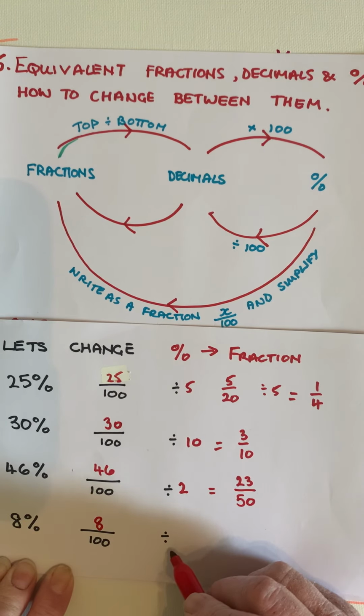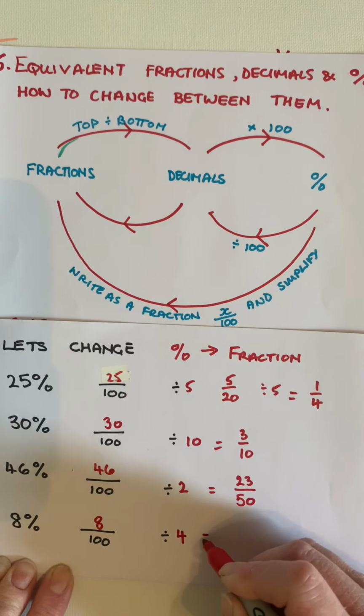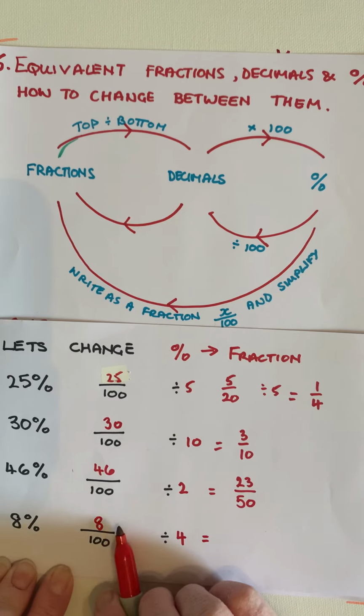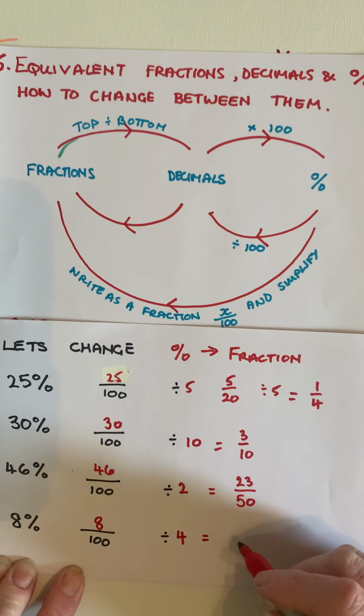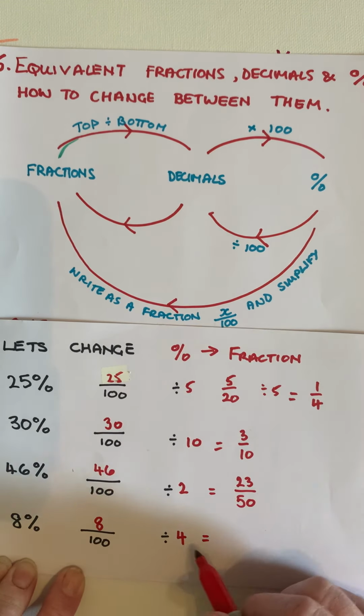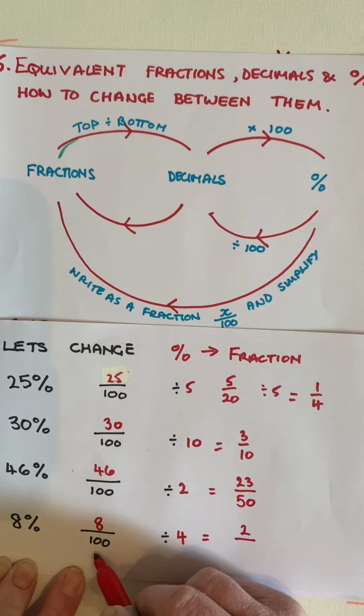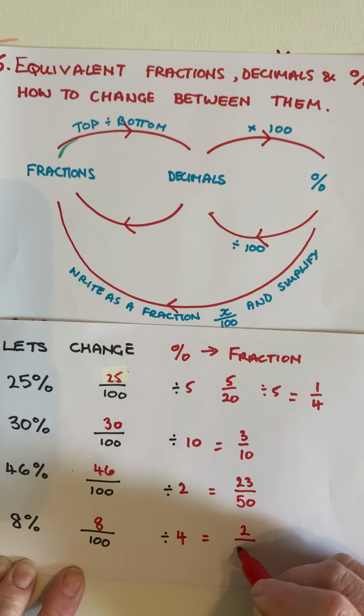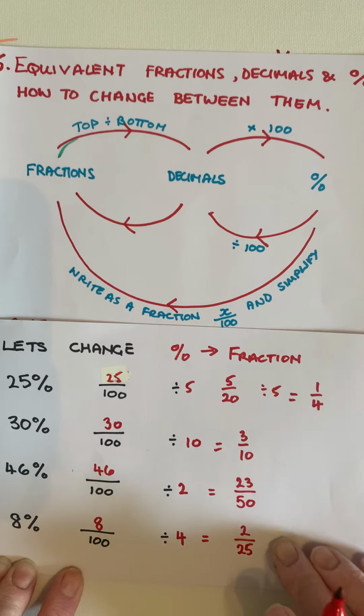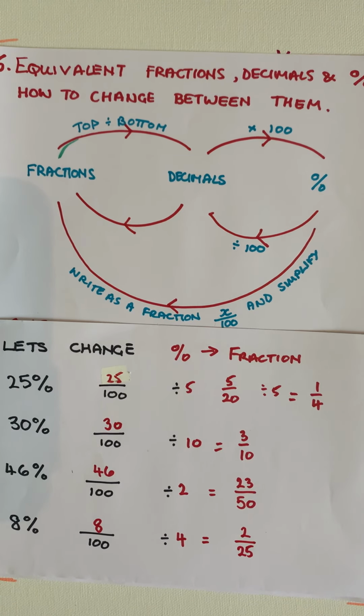I'm going to divide top and bottom by 4, because I know 4 is a factor of both 8 and 100. 8 divided by 4 is 2. 100 divided by 4 is 25. 2 and 25, that's the lowest you can go when simplifying. So that's your final answer, 2/25.